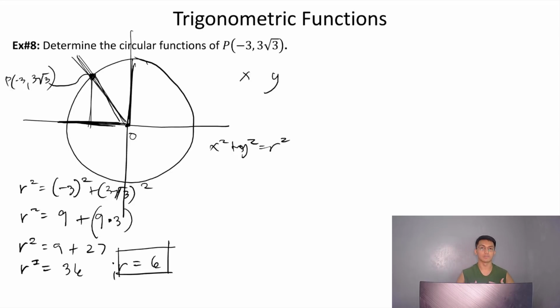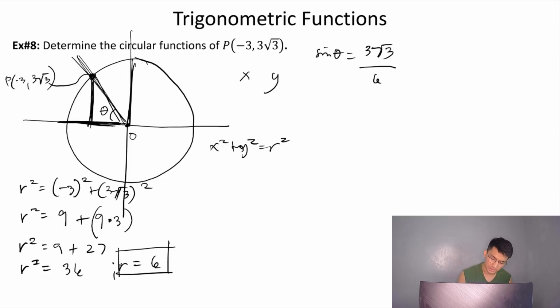So, alam na natin yung dalawang side and alam na natin yung hypotenuse. We can now solve for all the values of the circular functions. Assuming this is the angle theta. Now, for sine theta, we have 3 square root of 3. Ito yan. Over the hypotenuse na 6. So, by simplifying, 3 over 6 ay 1/2.